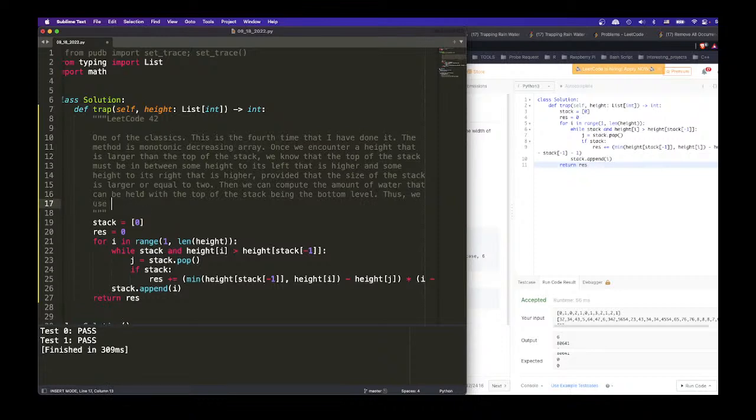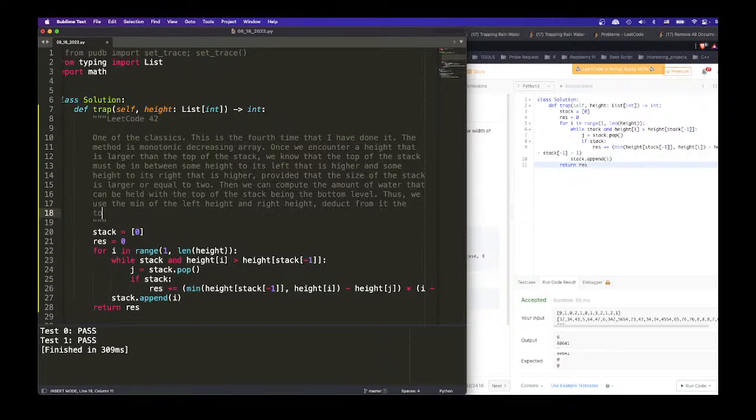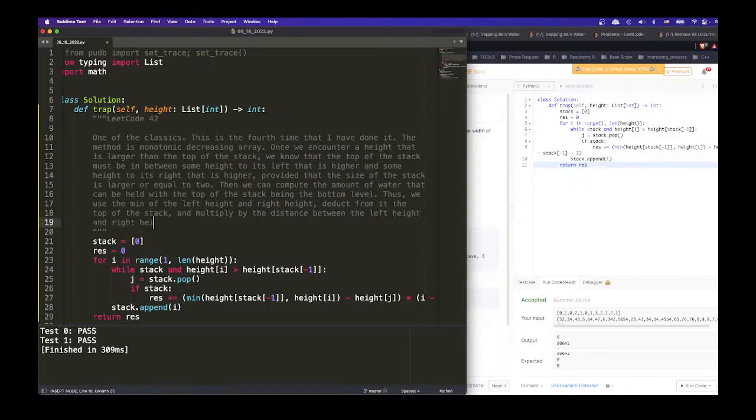Thus, we use the minimum of the left height and right height, deduct from it the top of the stack, and multiply by the distance between the left height and right height.